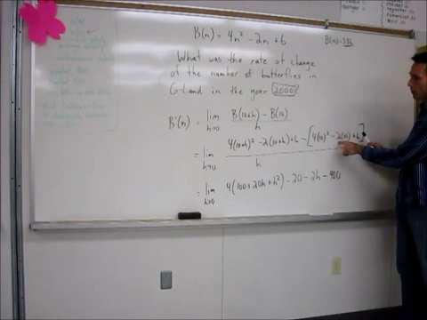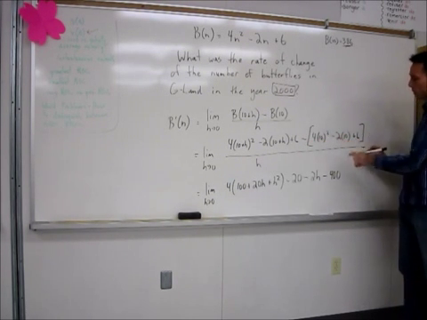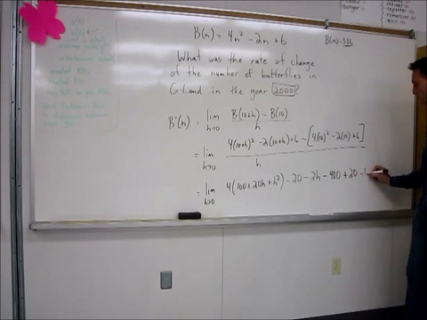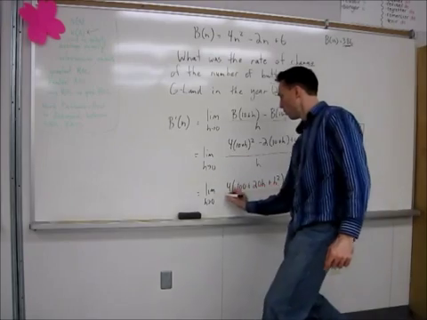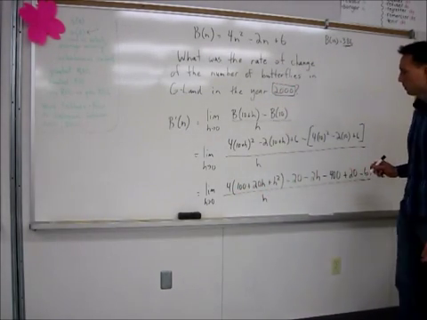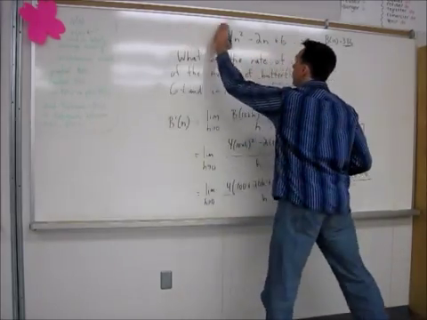We have a subtraction here, so it's minus a minus, so we have plus 20 and minus 6, all over h. Now, let's erase the top part here.